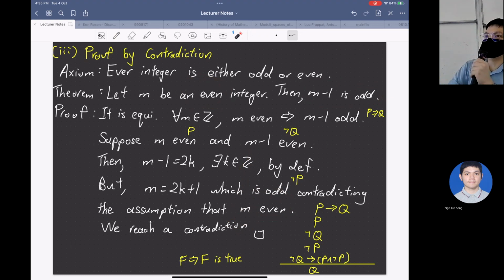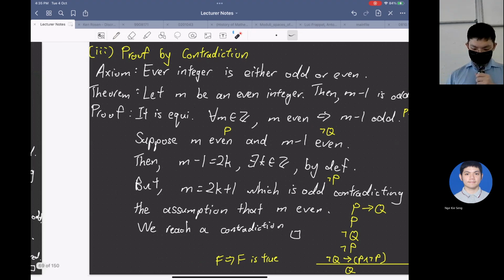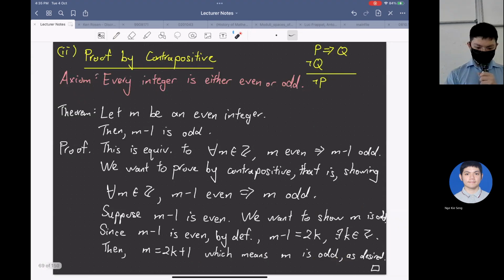A lot of confusing faces. First time seeing. Okay. How about this contradiction here? So let's see again. What was the logic here?